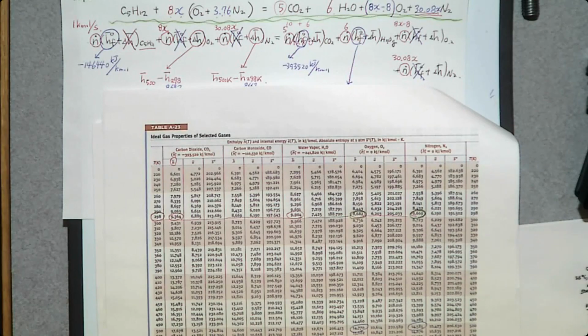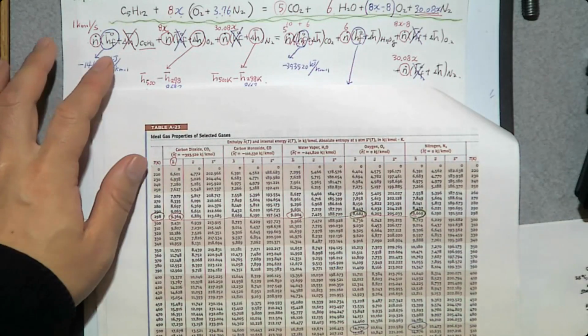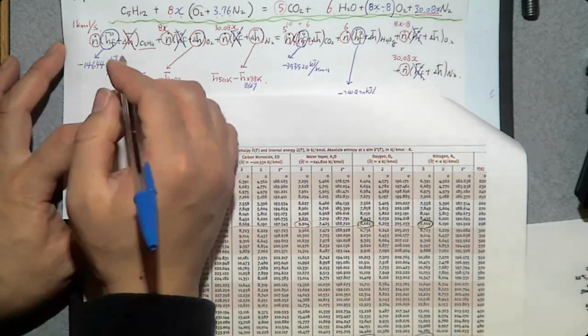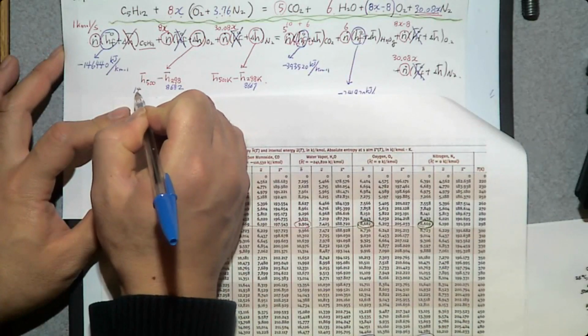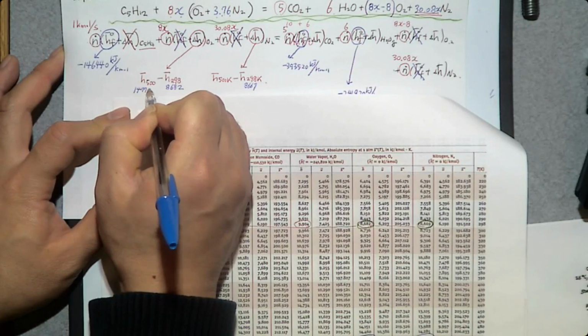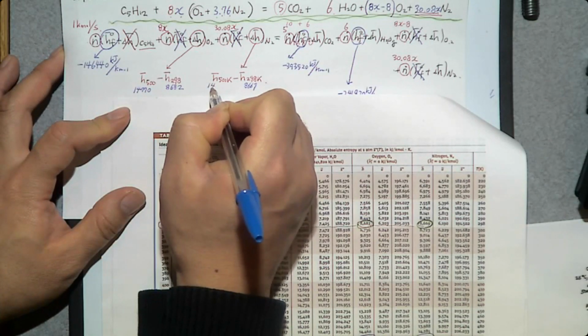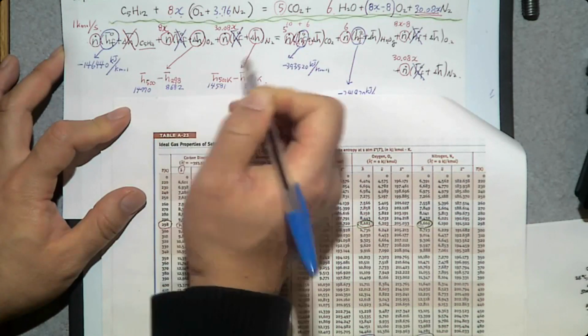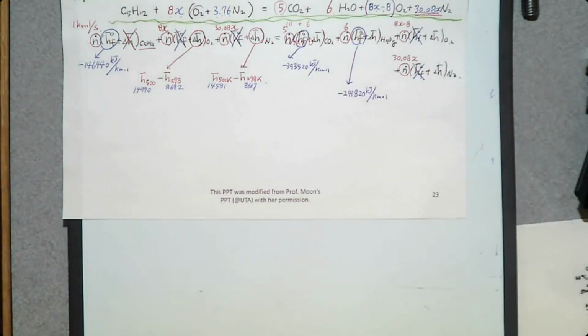So these two values, let me write them here. 14,770, 14,581. So that's how we determine delta H bar for the oxygen and the nitrogen in the reactants at 500 Kelvin.